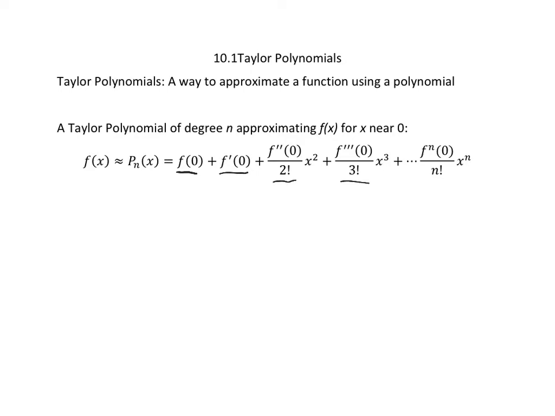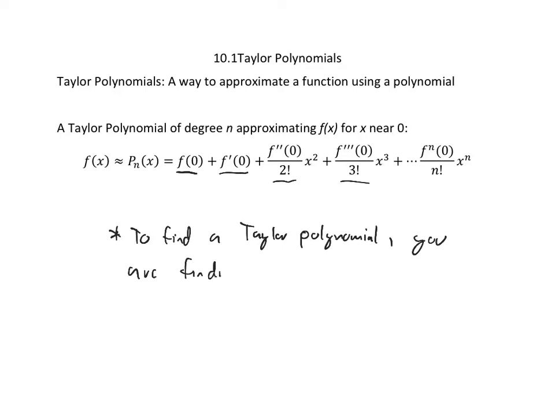Essentially, to find a Taylor polynomial, you are finding the coefficients. And once we do a few of these, that'll make more sense.